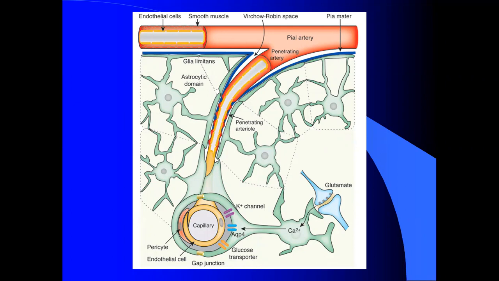The basal membrane is going to stay. But most importantly, the astrocyte is going to become, not in absolutely direct, but in pretty close to direct contact with the capillary.